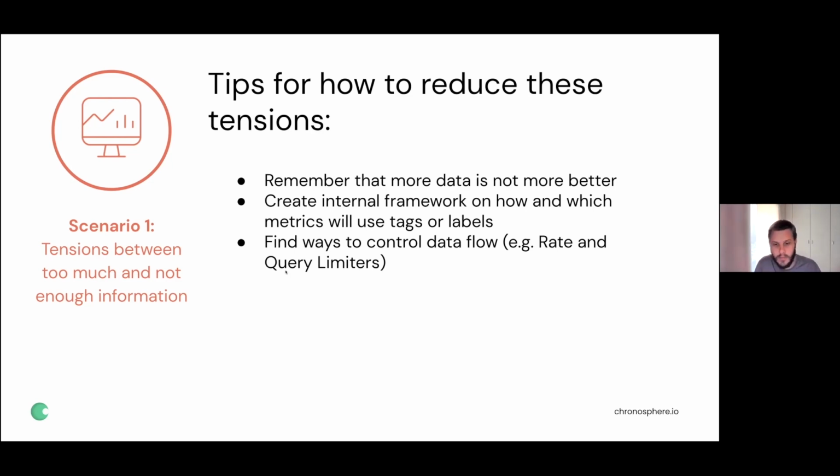So for instance, you probably don't want to put in the full HTTP URL when you're using metrics to track a request. You want the HTTP route, so that way you don't have dynamic variables leaking into the labels and what you're monitoring.